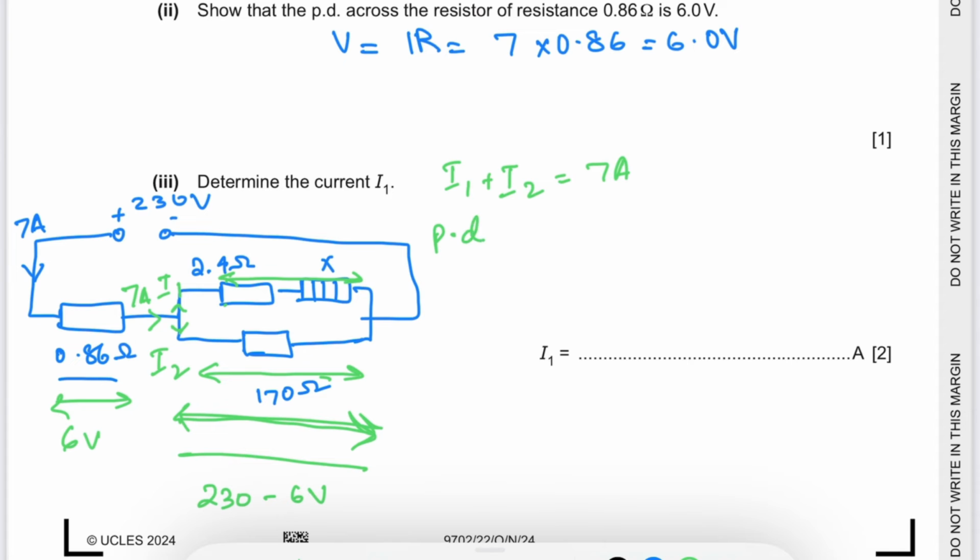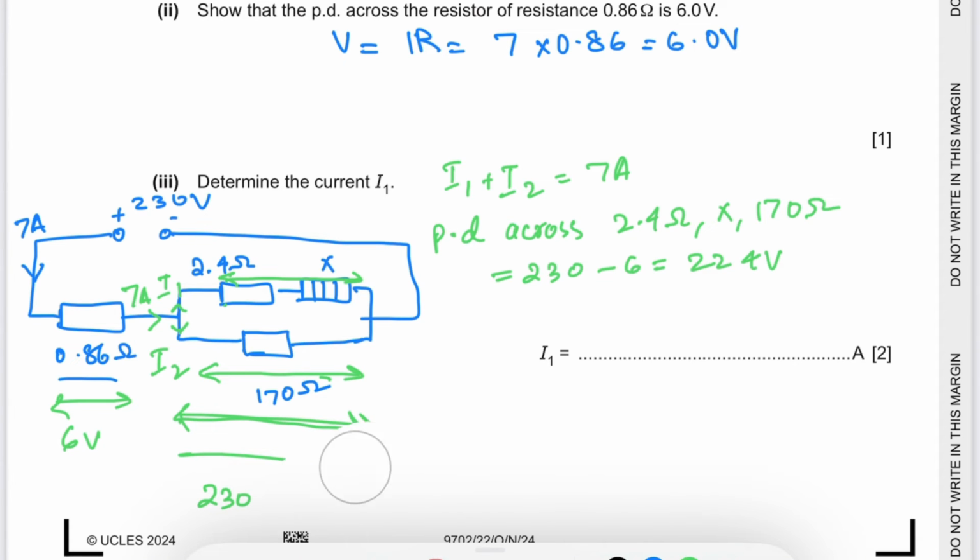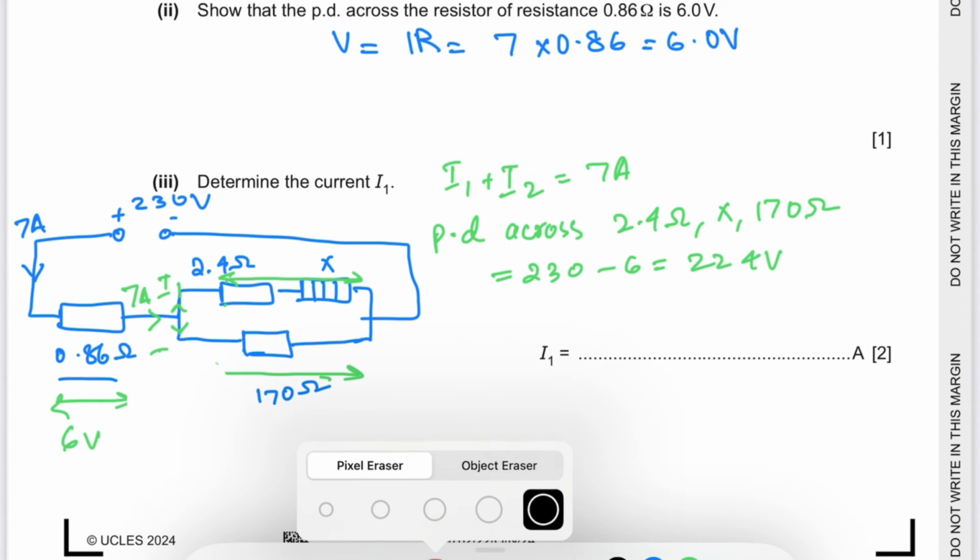So the potential difference across the 2.4 ohm resistor, X and the 170 ohm resistor is 230 minus 6 volts. That leaves you with 224 volts.